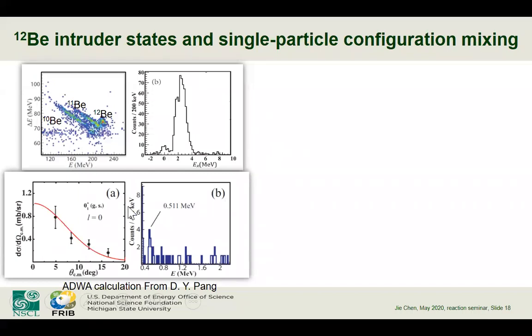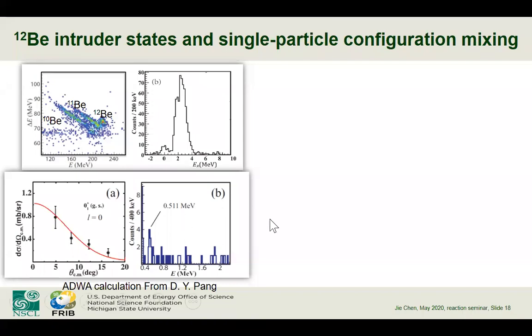Gated on the ground state, we get its cross section. For the second 0+ state, we use the triple coincidence of beryllium-12, protons, and also the gamma ray decaying from this state to get its cross section.